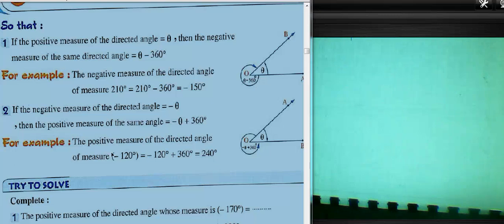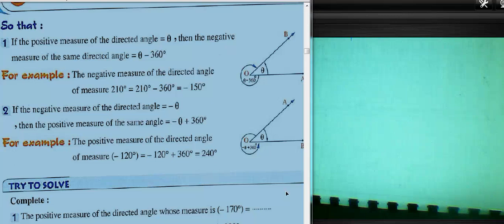Again, if you want to find the positive measure, you must add 360, and if you want to find the negative measure, we can find the result by adding negative 360. Okay, it's easy for you.